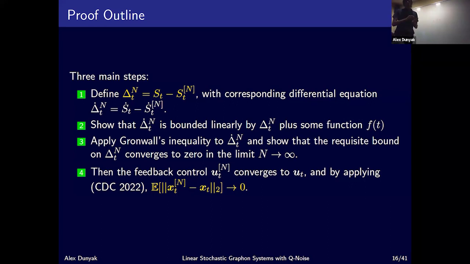And then, because we've shown the Riccati equations converge, we can directly apply the theorem from CDC because it's a linear state feedback control. So we end up showing that this operator A_n minus B_n K times x converges to A minus BK times x.